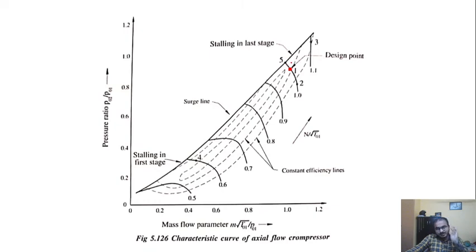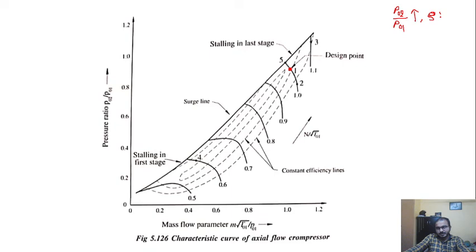So once there is a slight decrease in this mass flow rate, then the pressure ratio, that is P02 upon P01, will increase. This will lead to an increase in density.